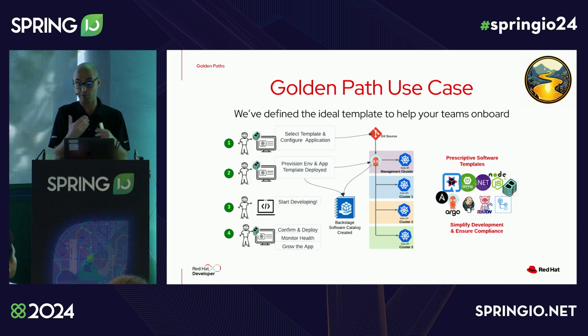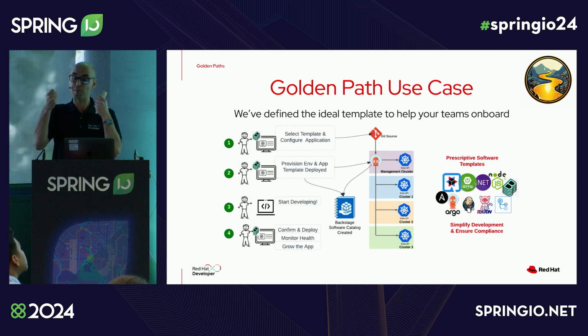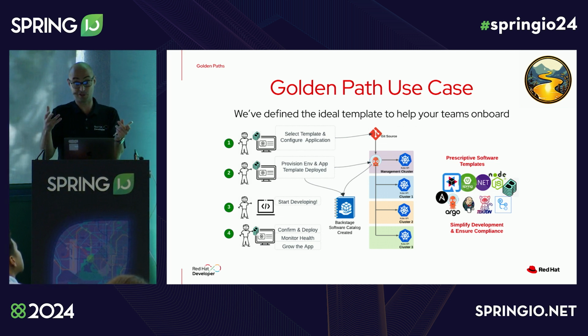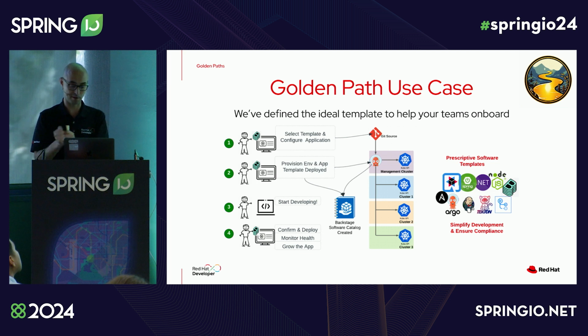Also, you can configure, or not, to provision an environment and a template for deploying this application into production. So you see that, of course, you are materializing a template that is a hello world with a lot of things, but it's just a hello world. It's not your business code. But from that point, without anything other than clicking, you already have the application deployed on production.